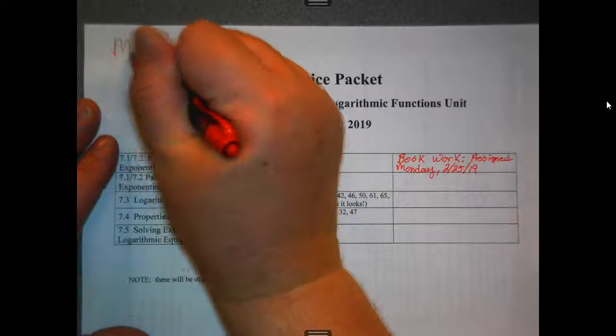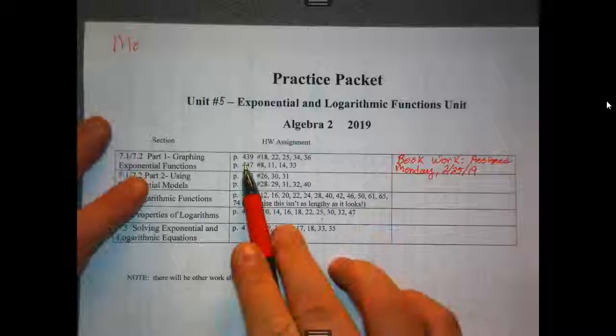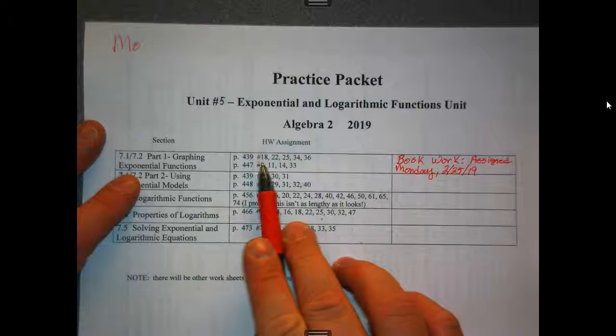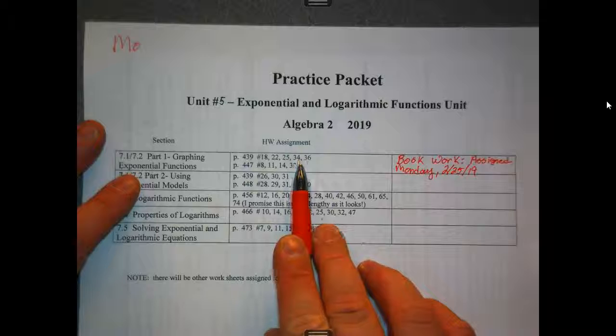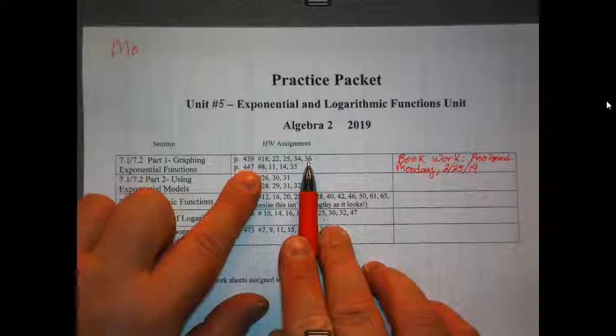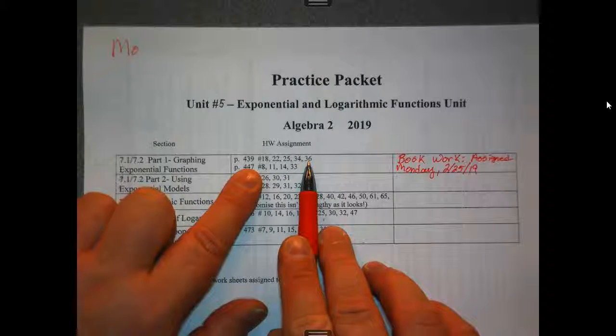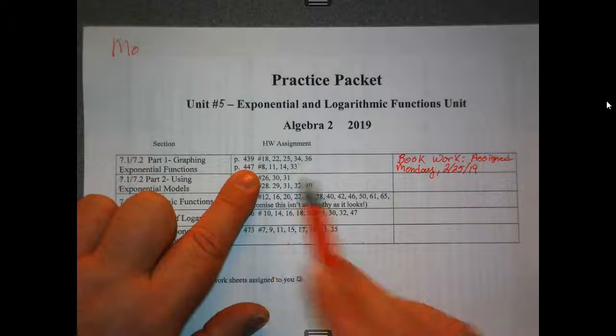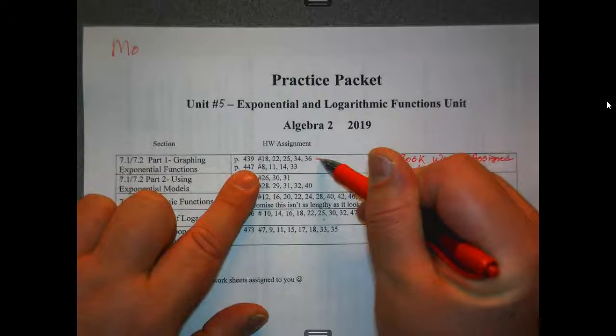Okay, so we're doing page 439, 18, 22, 25, 34, and 36. That's all you have to do. Are we not doing? We are, but that'll be tomorrow's homework. Oh, okay.